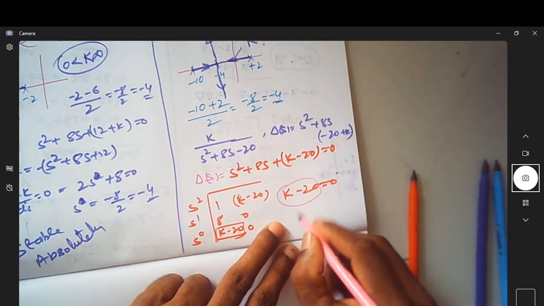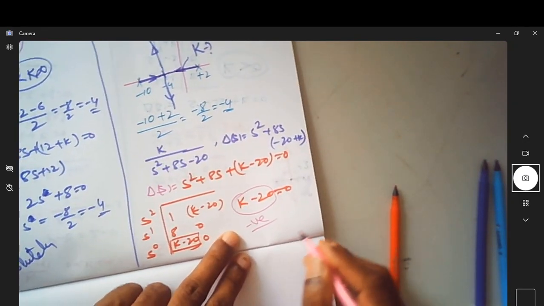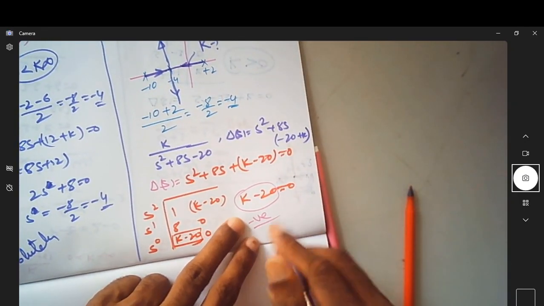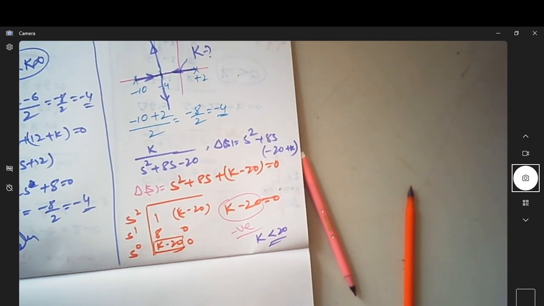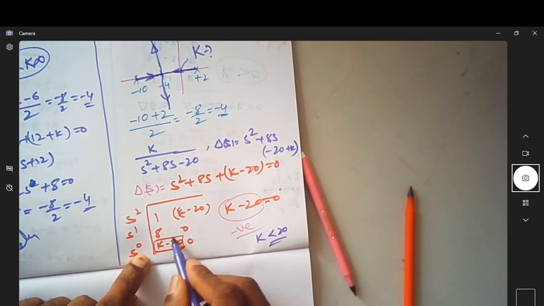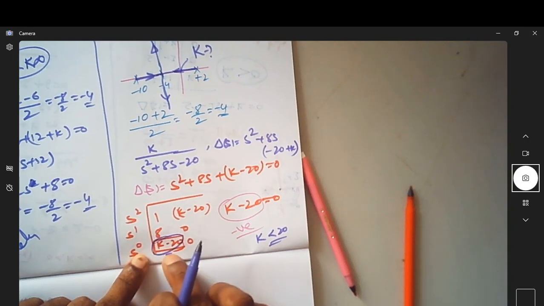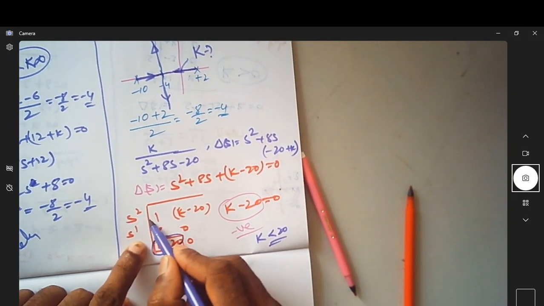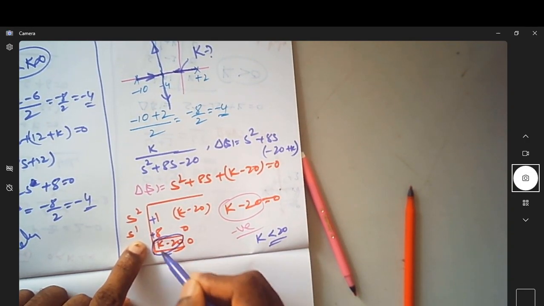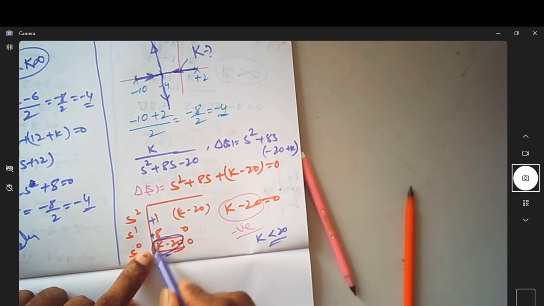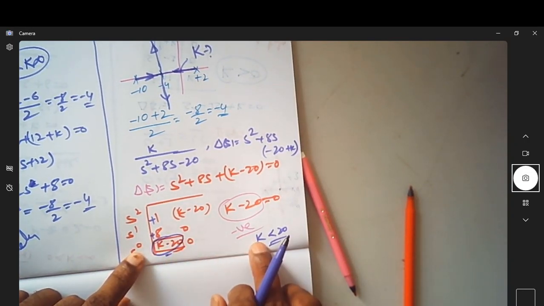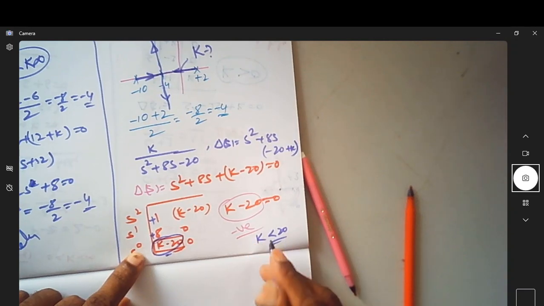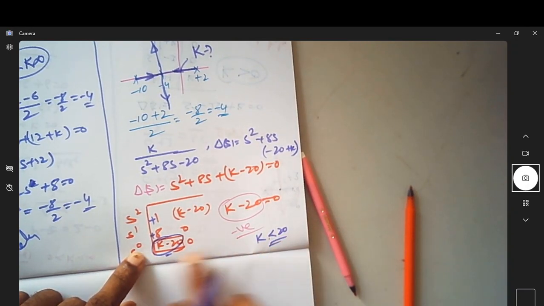This quantity is negative if the value of k is less than 20. So if this term is negative, what does it mean? Plus to plus no sign change, plus to minus 1 sign change if this is negative. So when is this term negative? When k is less than 20, this will be negative.